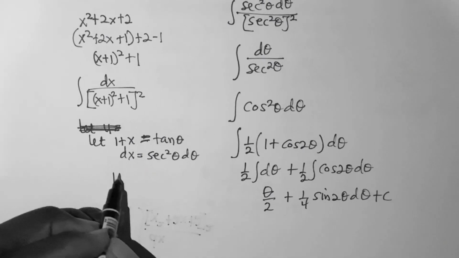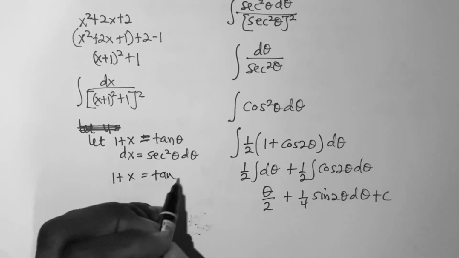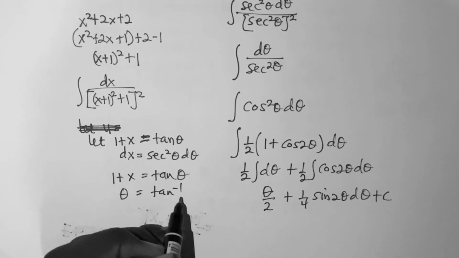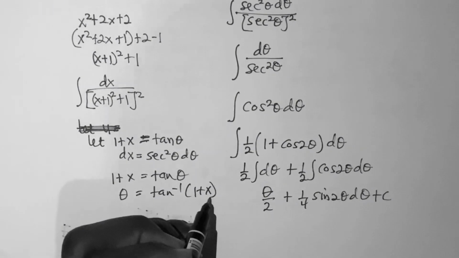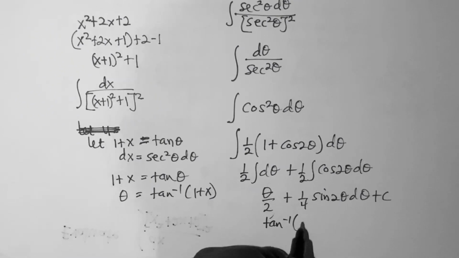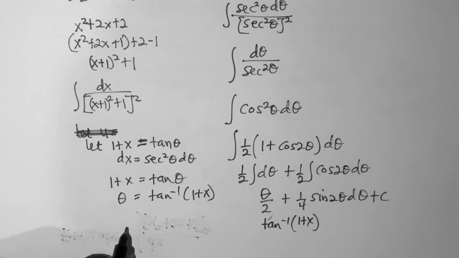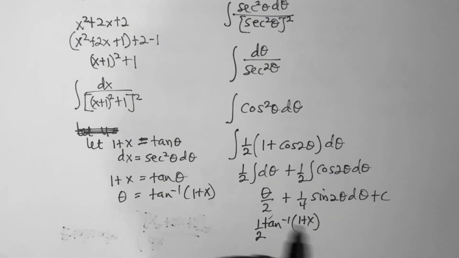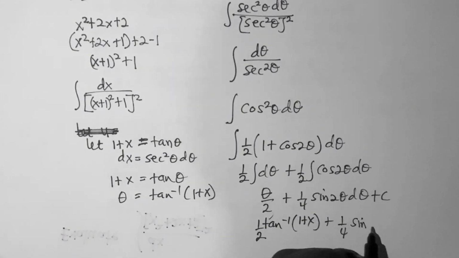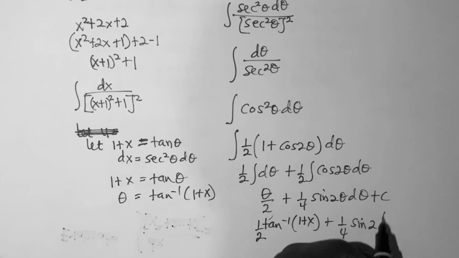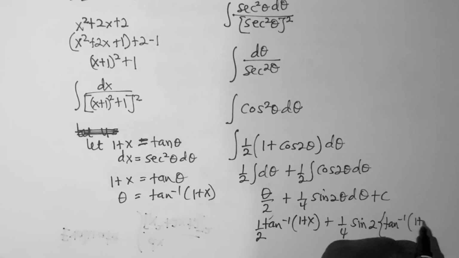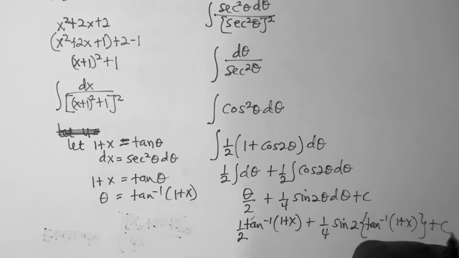But we said that 1 plus x is equal to tan theta. It means that theta is equal to tan inverse of 1 plus x. Here becomes theta is tan inverse of 1 plus x, but there is 1 over 2 here, so 1 over 2 tan inverse of 1 plus x plus 1 over 4 sine 2 into bracket tan inverse of 1 plus x bracket close plus c.